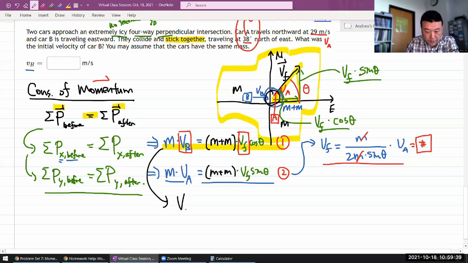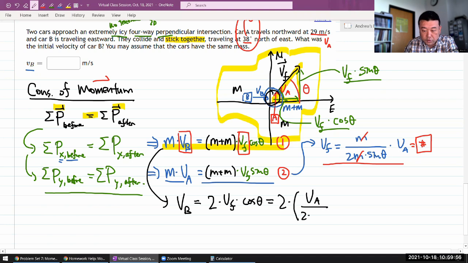So solving for VB, I have VB is equal to, the masses cancel out, 2 times V final times cosine theta. Let me plug in V final. Then I get 2 times VA over 2 times sine theta times cosine theta. And you see some simplifications here. The 2's cancel out.